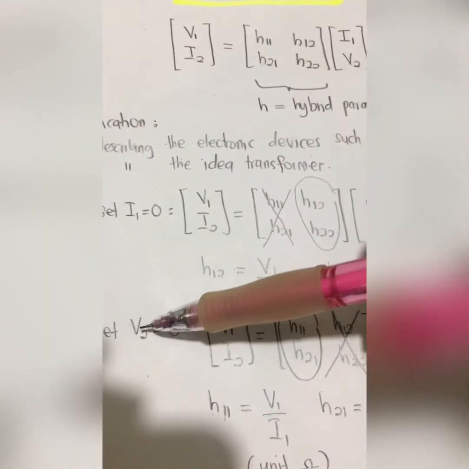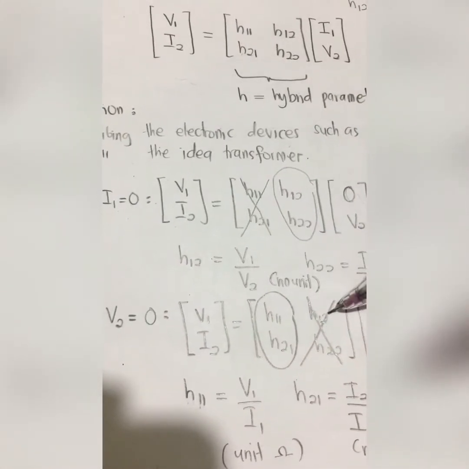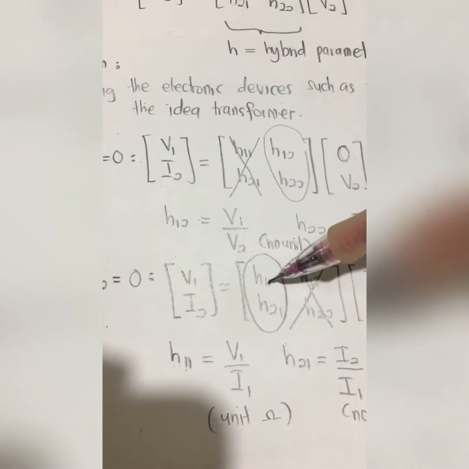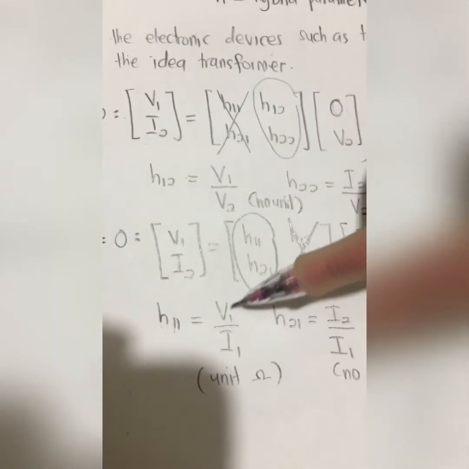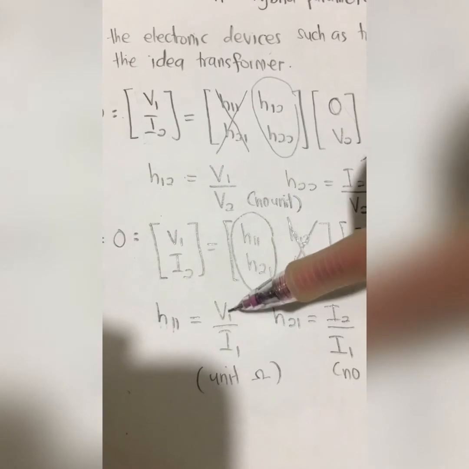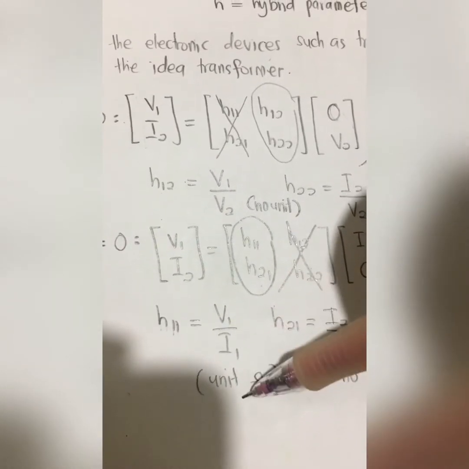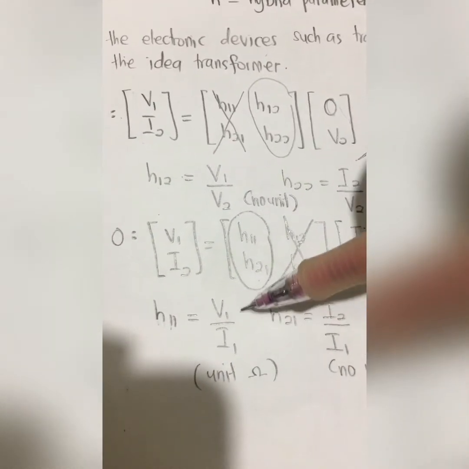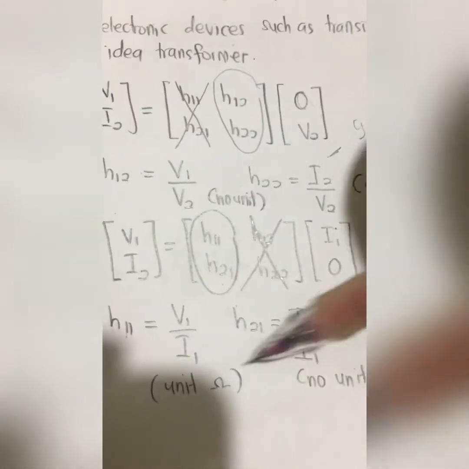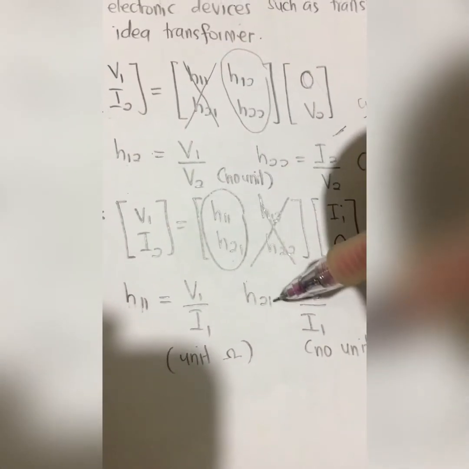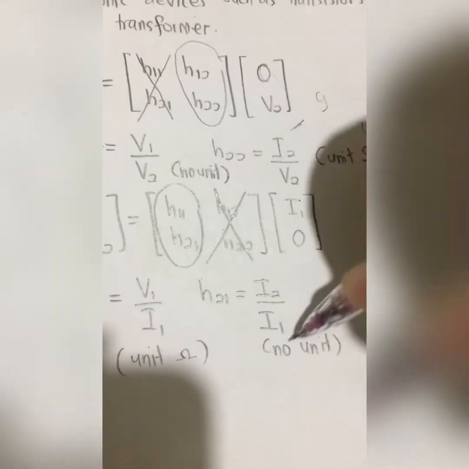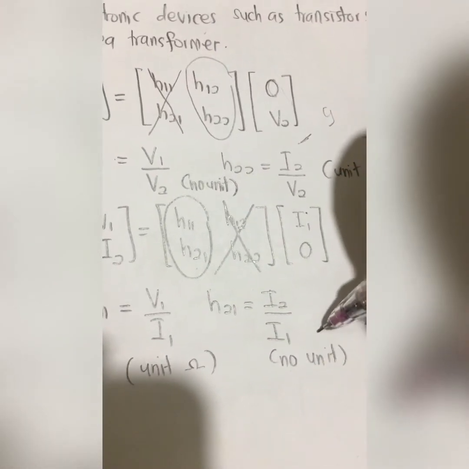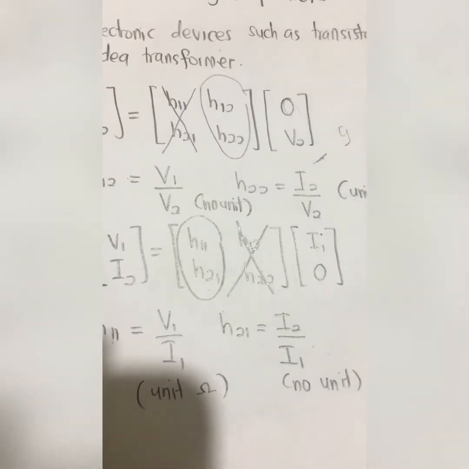When we set V2 equal to 0, we can calculate H11 and H21. H11 is equal to V1 over I1, and the unit should be that of impedance, which is ohms. H21 is equal to I2 divided by I1, so there will be no units for this parameter.